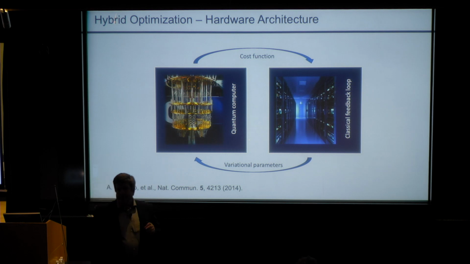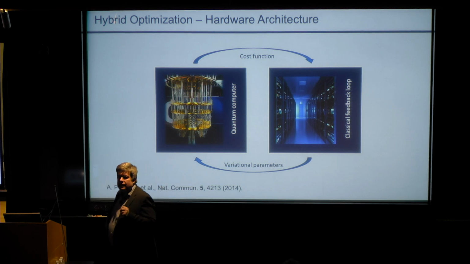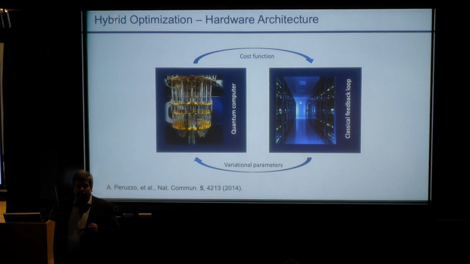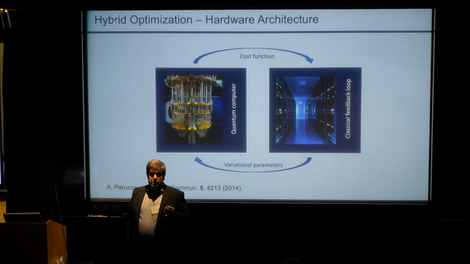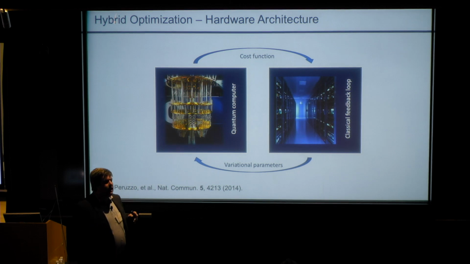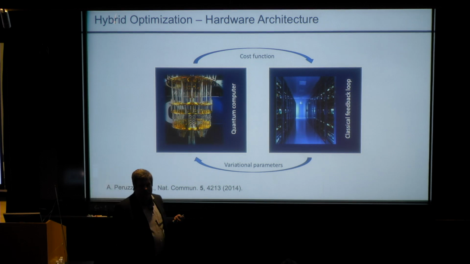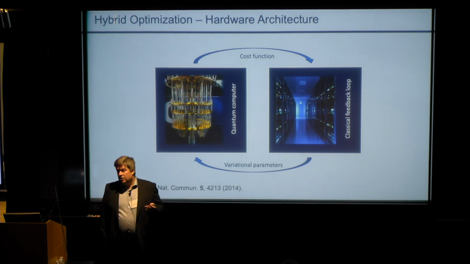I don't have time to go into this in any detail, just to say that all of these operations that we've been doing so far that scale like chi to the 4 are now not scaling anymore because they can be done without any limitations to chi. Everything that I showed so far will just scale polynomially, usually with a low power of the polynomial in the number of qubits that is used. So this is exponentially more efficient than doing the classical version.